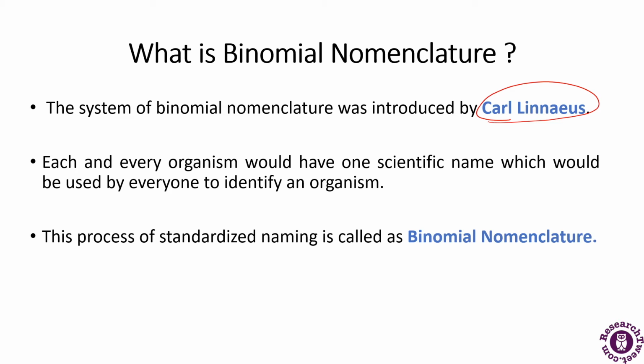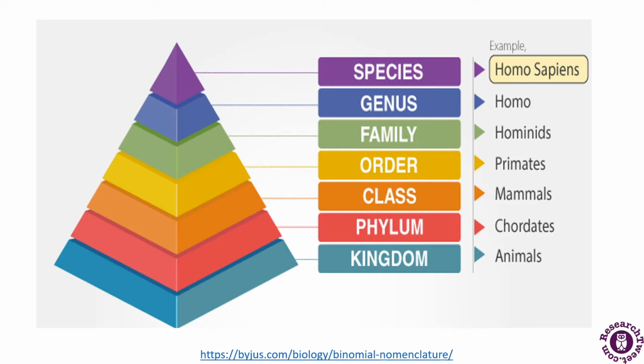All living species, including plants, animals, birds, and other microbes, have their own scientific names. Here I have taken the example of Homo sapiens. This is a pyramid in which each color represents one of the ranks of that species, plant or animal.